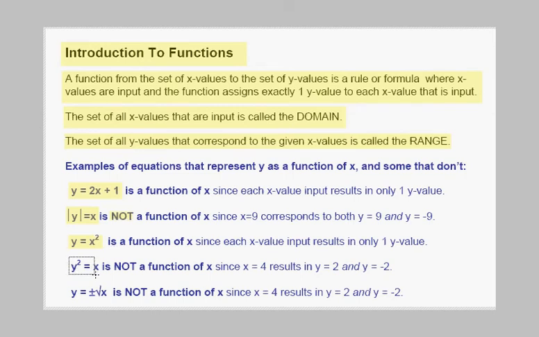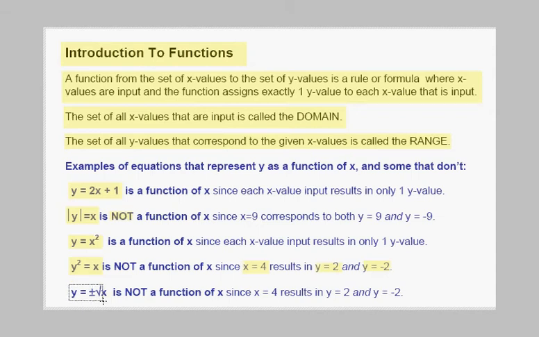Now in the next equation, y squared equals x, that's not a function because if x equals 4, like I have here, y equals either 2 or negative 2. We have two values of y corresponding to one value of x, so it's not a function of x. A function of x only gives you one answer.